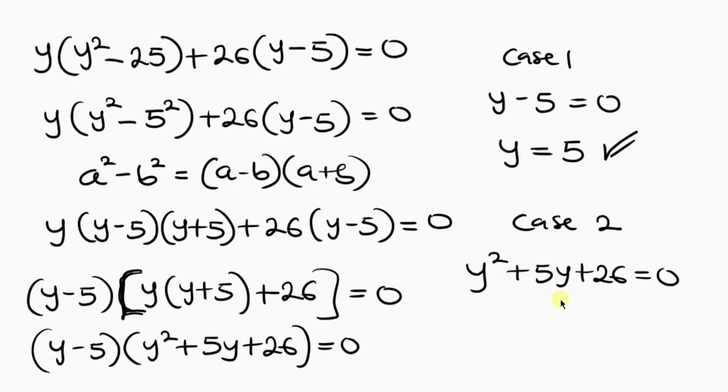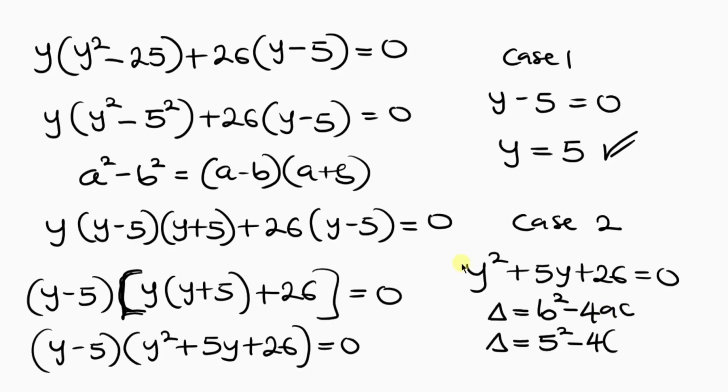Now, what about our second case? Well, to see if we can use our second case, since I have a quadratic equation, I'm going to be looking out for the discriminant. So discriminant is equal to b squared minus 4ac. Now let's check. What is b? b is 5, so that's 5 squared minus 4 times a.